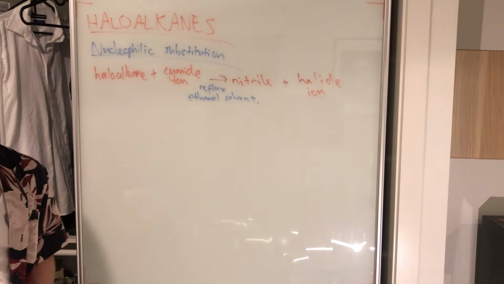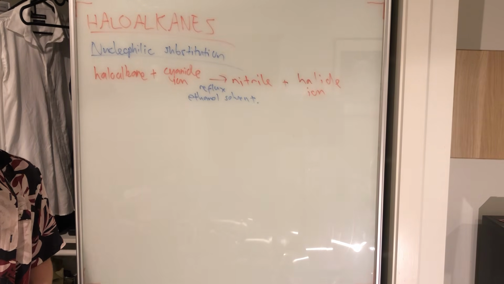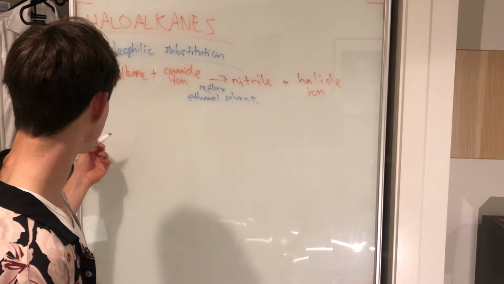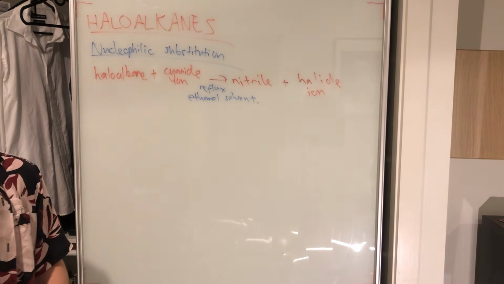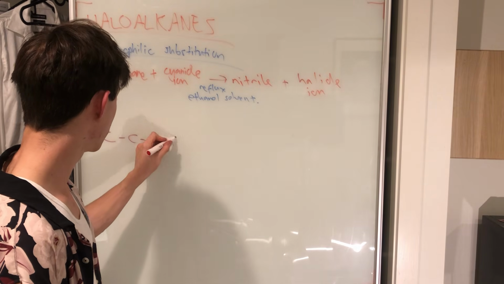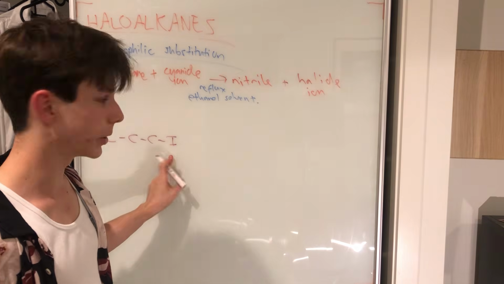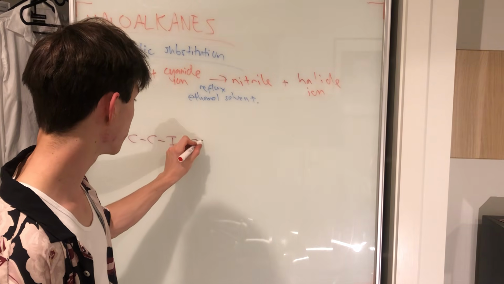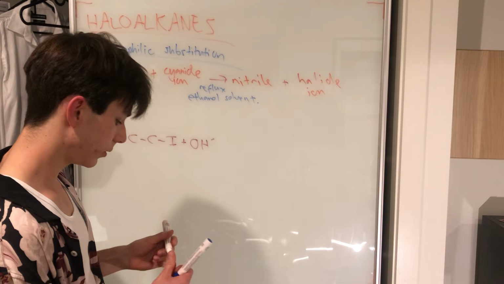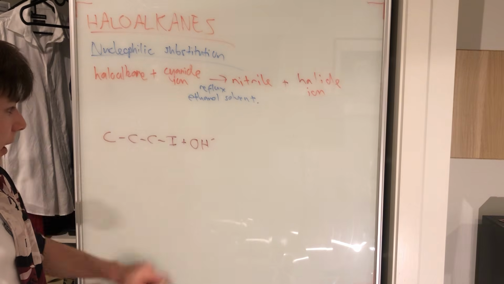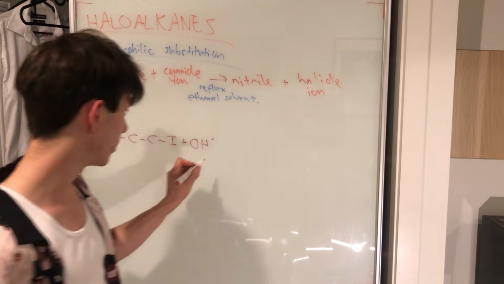What other nucleophiles can we deal with? Well, we were just talking about hydroxide ions, which are, of course, a nucleophile. So let's take 1-iodopropane, yeah? And let's react it with hydroxide ions. Nucleophile, I think you see where this is going. This guy's going to get substituted for this guy, and he's going to become an ion.